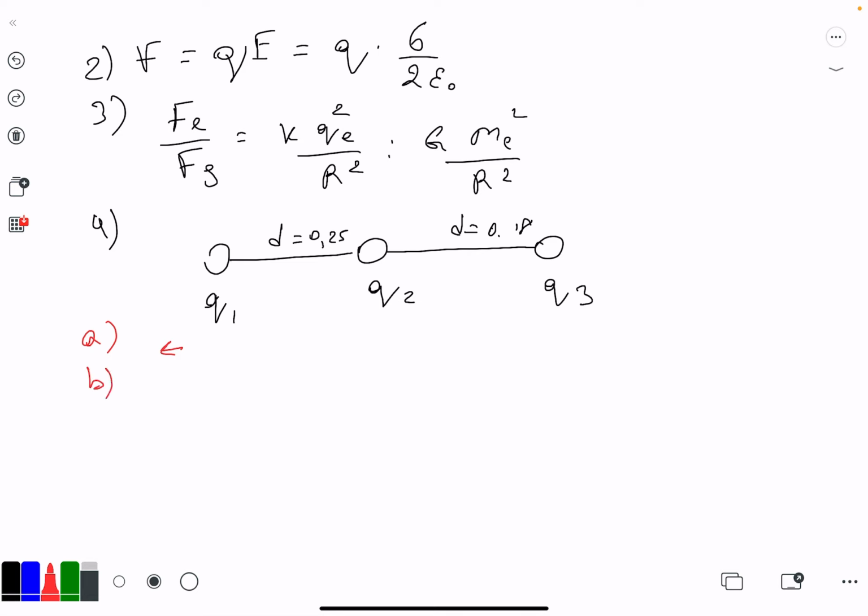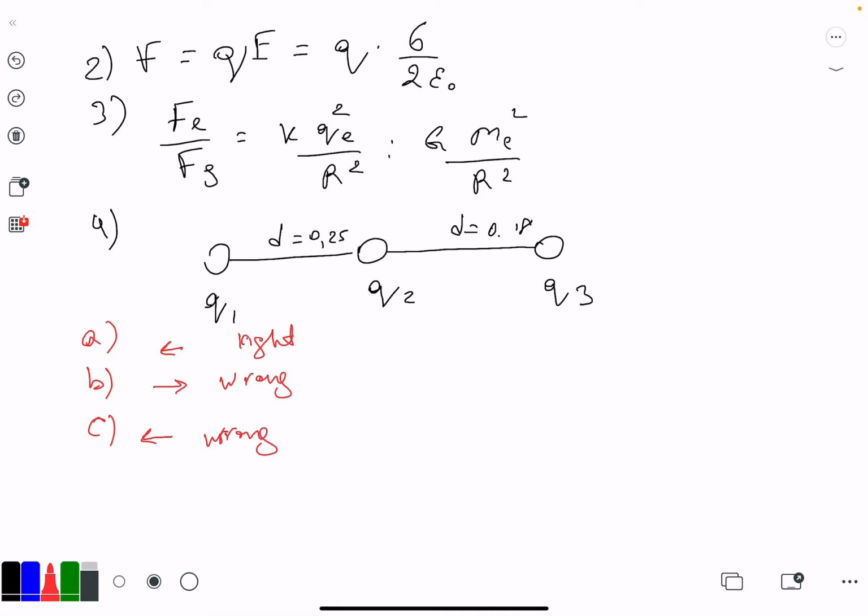Now in part B, to the right if two charges are negative, it's wrong. This is right. And part C is left if two charges have opposite sign. Since it's opposite, it will be attraction. So it's wrong.